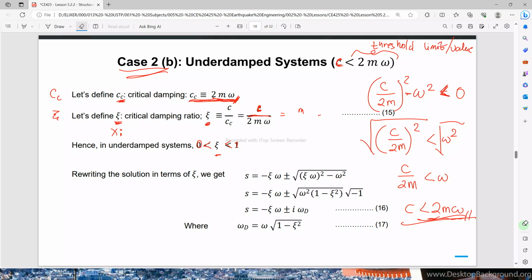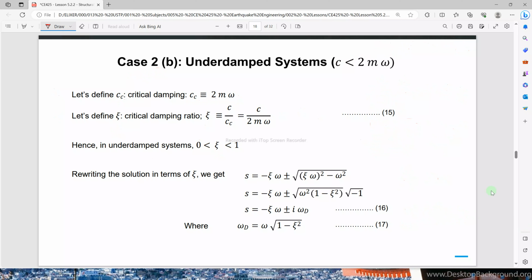Since we have a newly added notation, and we know that s is equal to negative c over 2m plus or minus the square root of c over 2m squared minus omega squared, let's apply this damping ratio to this equation.